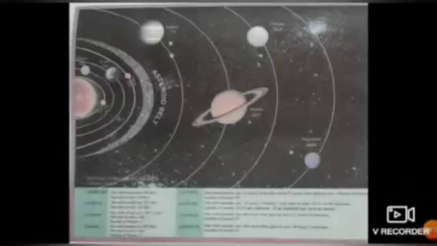It has 82 moons. Of those 82 moons, 53 moons are confirmed and 29 moons are yet to be named.